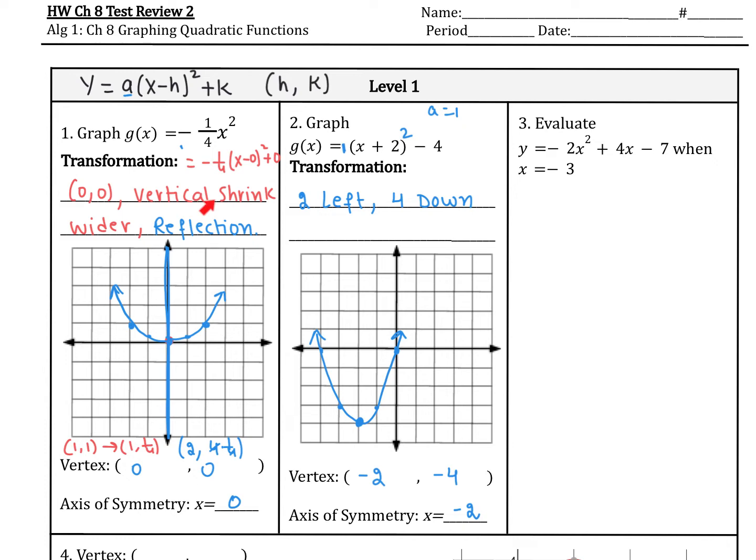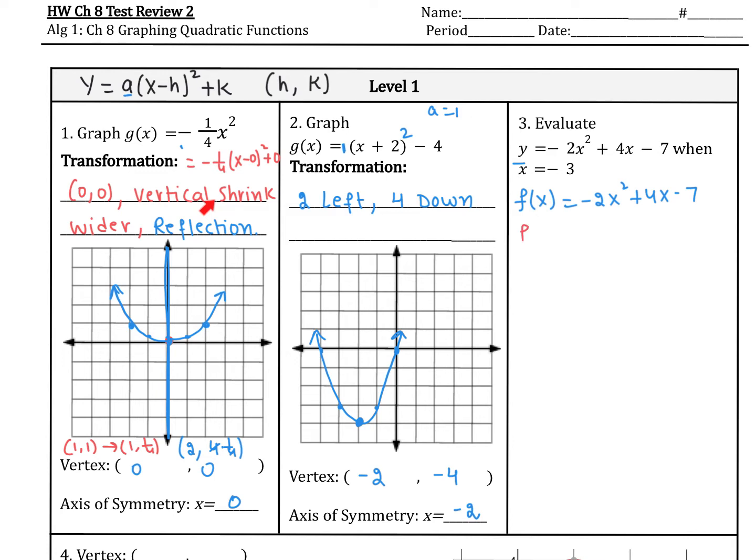This y you're going to evaluate can also be written as f(x) equals negative 2x squared plus 4x minus 7. Either it can ask you to evaluate y, or it can ask you to evaluate f(x) when you put x as negative 3.